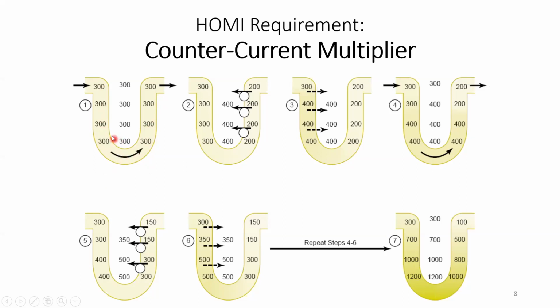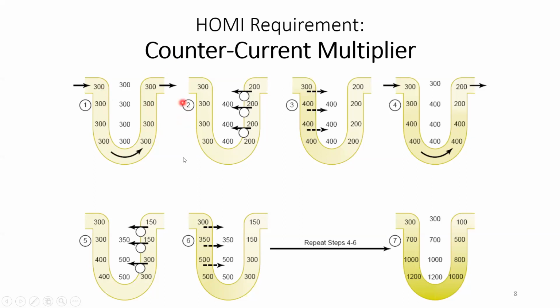Right. So I have mentioned that these values represent osmolarity inside the tubule, or in the surrounding interstitium. The HOMI that you need to create is in the interstitium here. The loop of Henle is not shown here, but this loop of Henle will obviously go up, make the DCT, and then here it will become the collecting duct.